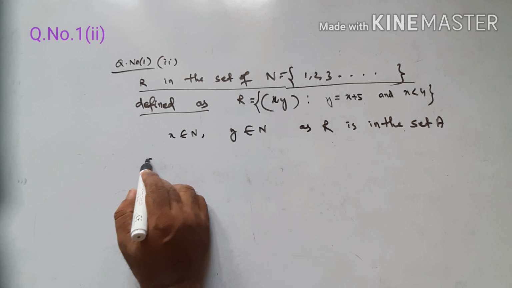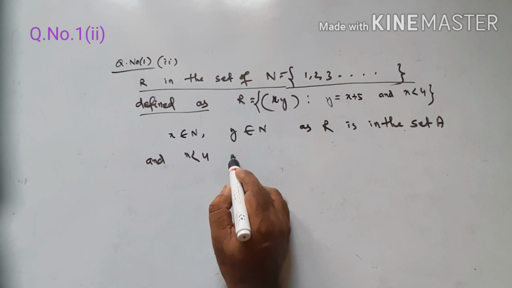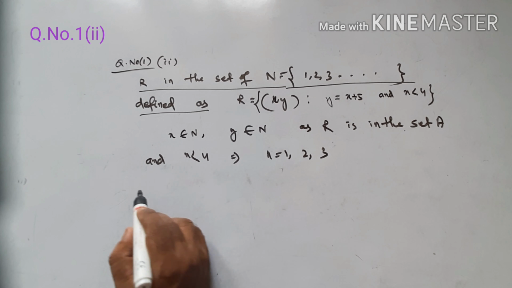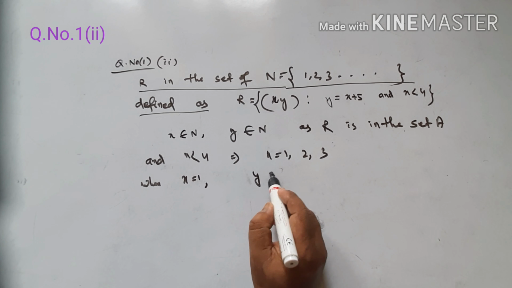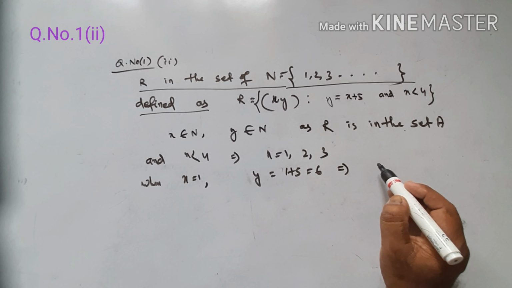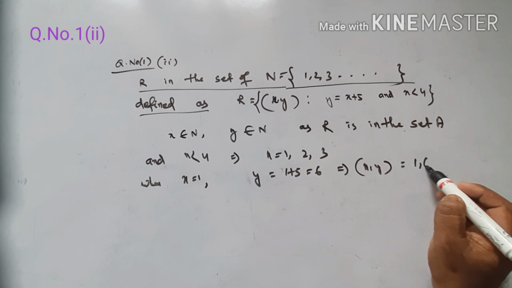Given x is less than 4, that means x equal to 1, 2, 3. When x equal to 1, y equal to 1 plus 5 equal to 6, so the ordered pair is (1, 6).